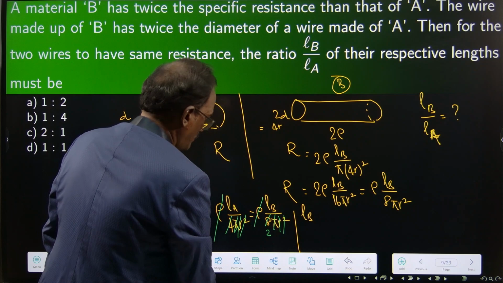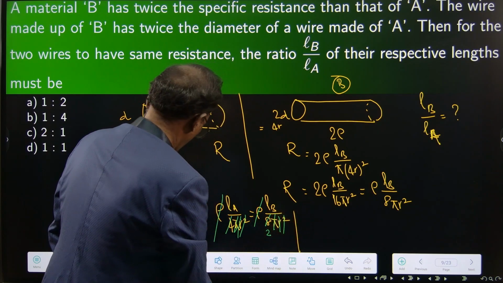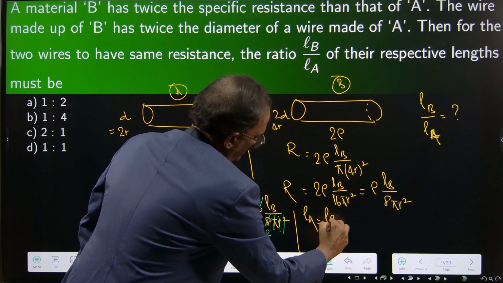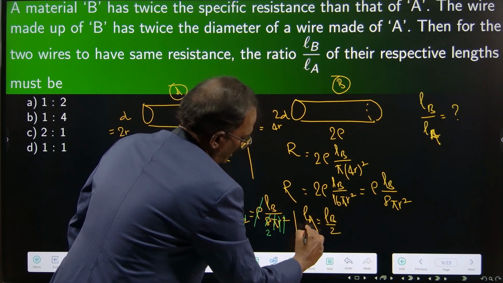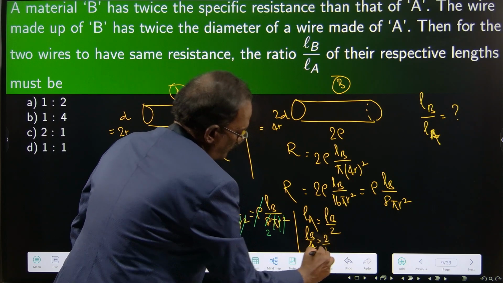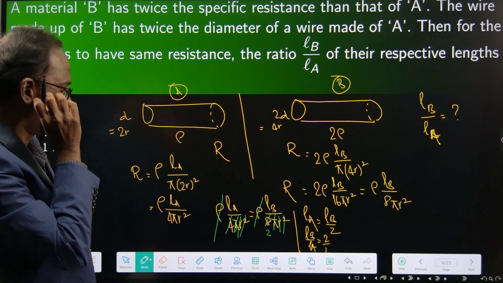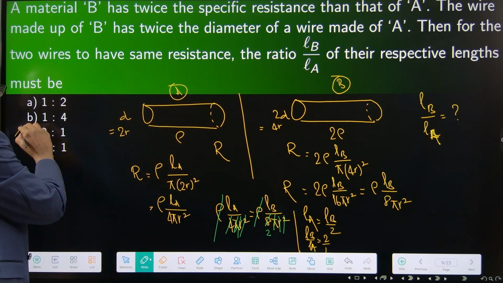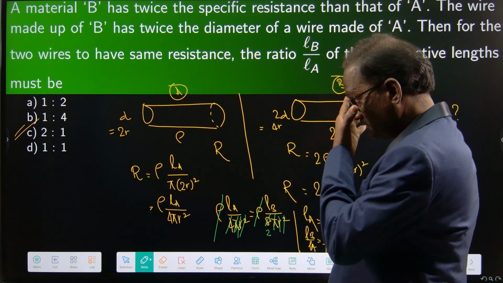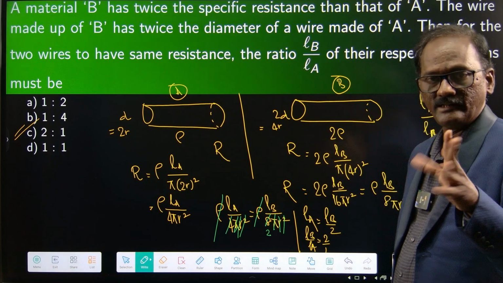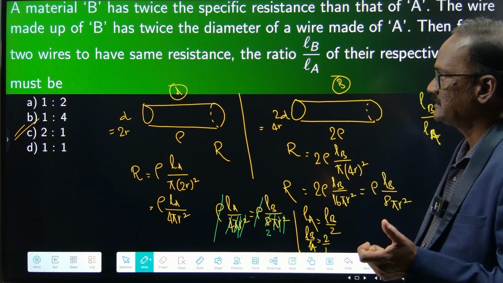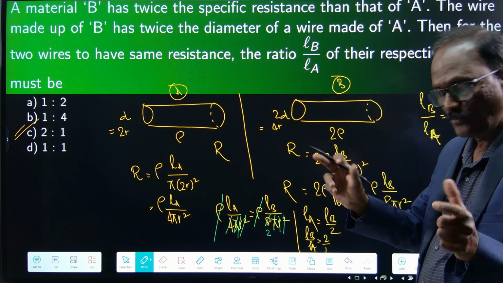So LB by LA is equal to 2 by 1. Option C, yes. Just apply the fundamental formula, R is equal to rho L by A. That's all, right? So read the questions and put the appropriate data.